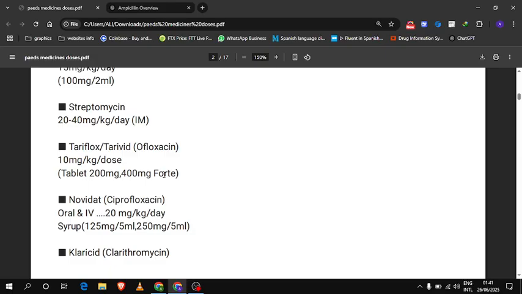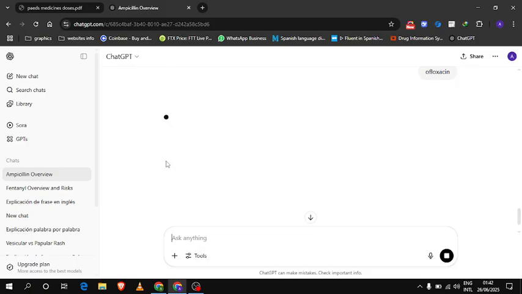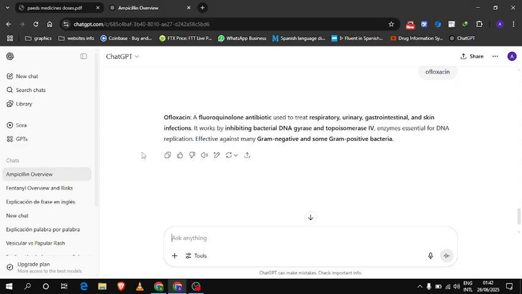The next drug is ofloxacin. It is a fluoroquinolone antibiotic used to treat respiratory, urinary, gastro, and skin infection. It works by inhibiting bacterial DNA gyrase and topoisomerase IV enzymes essential for DNA replication, effective against many gram-negative and some gram-positive bacteria.